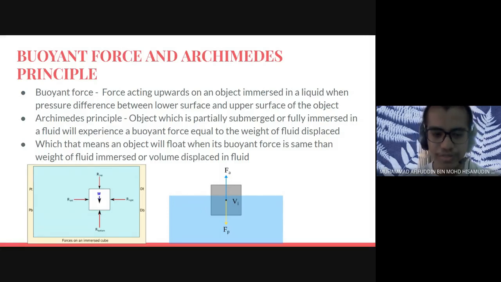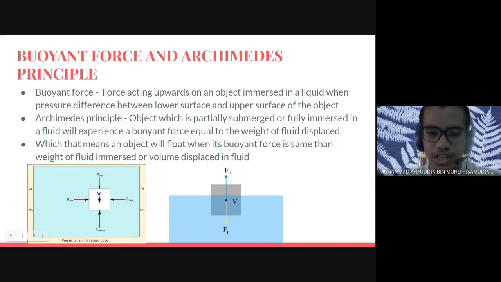As an example, right here in the first picture, this is the buoyant force acting. The buoyant force is the reaction force acting on the weight of an object inside a fluid, which means the area above the weight is the buoyant force.